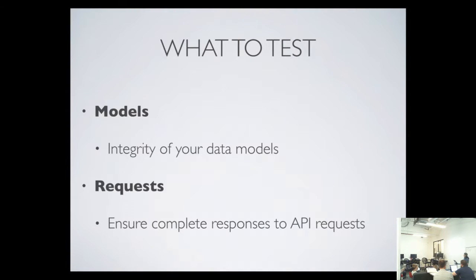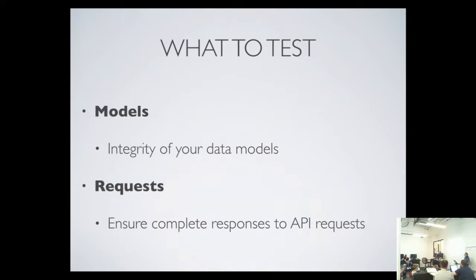And briefly, I'm going to cover what we're going to test. For a good start to your Rails testing, you're going to focus on your models and your requests. Testing your models allows you to test the integrity of the data that comes in. Here's where you can specify how the data should look and put those standards in place. Request specs are ensuring complete responses to the API request.